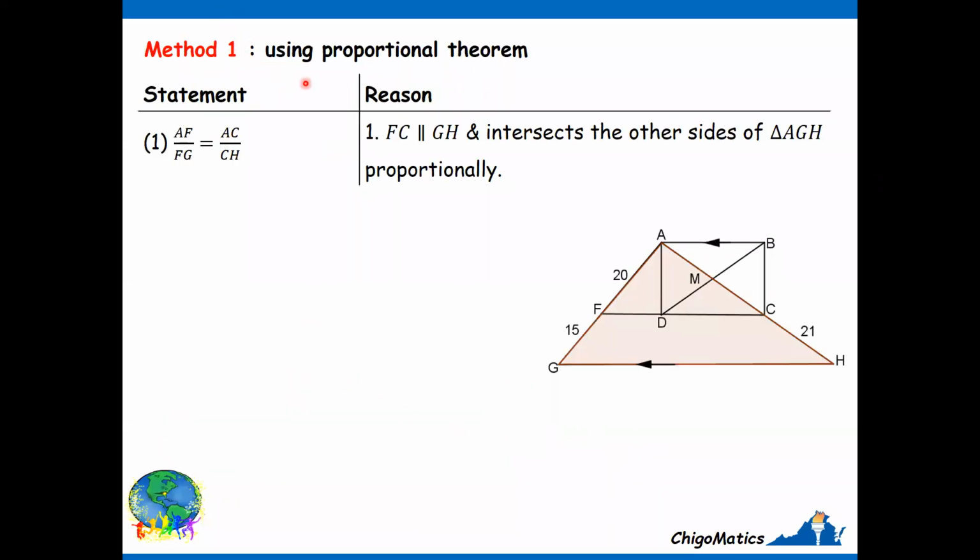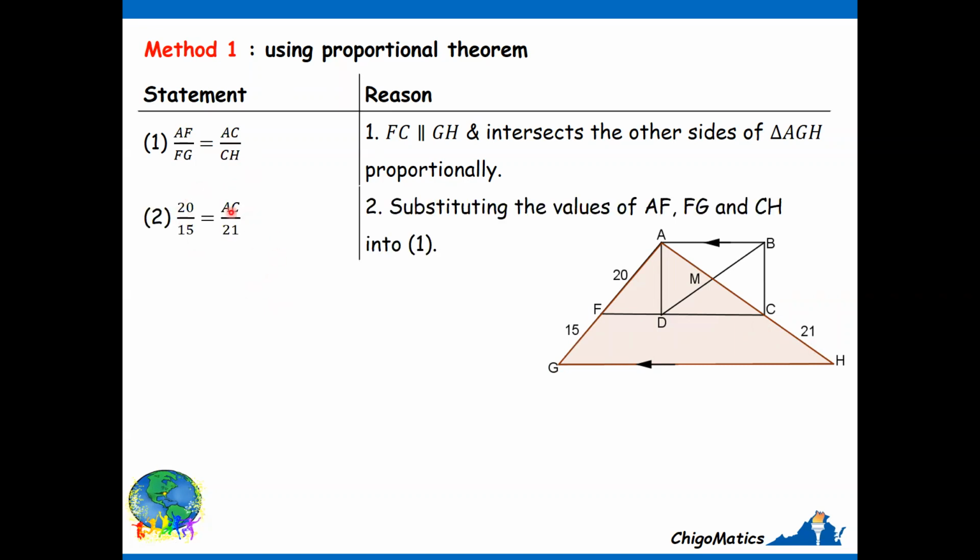So method number one, using the proportional theorem. We start from the fact that the point F will divide side AG into a ratio, then point C divides AH into a ratio, and those ratios are equal because FC is parallel to GH. That is our starting point. Then we substitute the known values.